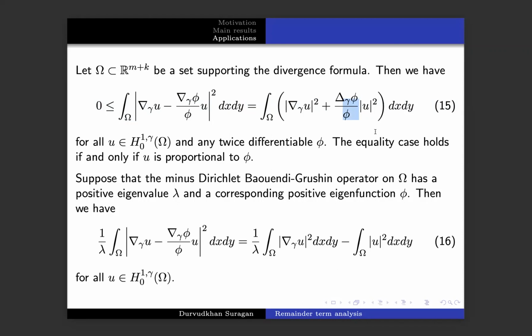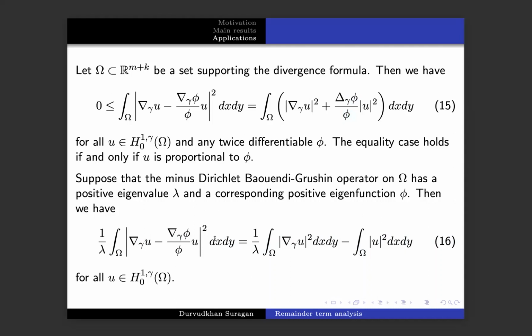In general, it's not an elliptic operator, so the spectral theory is not trivial here. But still, with the previous assumption, we can obtain a very nice relation, which gives not only the Poincare inequality, but also the sharp constant, and the characterization of the extremizer for this constant.